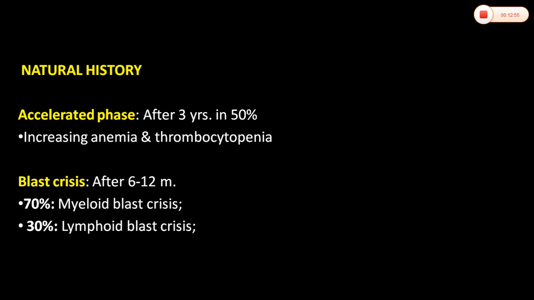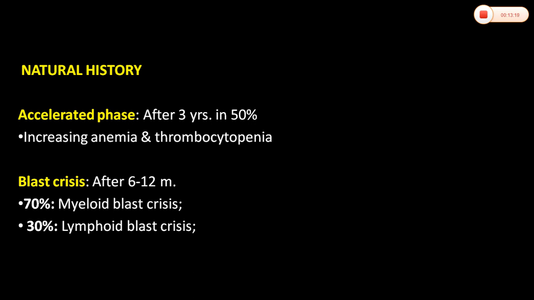This is what we call the accelerated phase. The next phase is blast crisis. Here there will be an increased number of blasts. Usually in CML the amount of blasts we expect is less than 10%, but it will now become more than 10% and reach the criteria of acute leukemia.